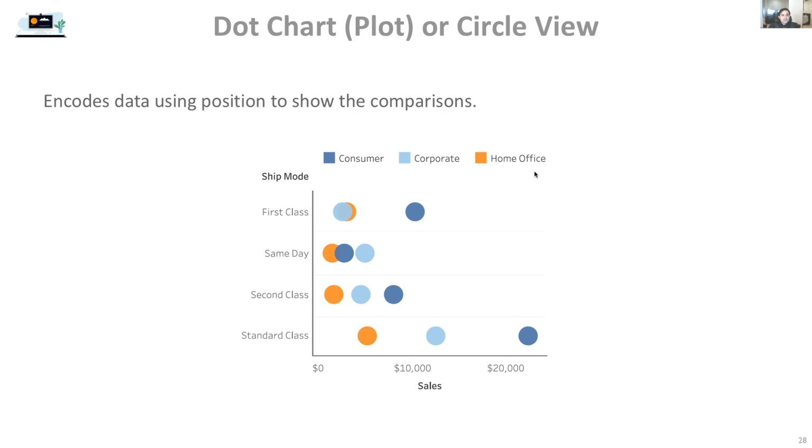We can observe that for the first class shipment mode, the consumer clients generate the highest amount of sale, and for the same day shipment mode, corporate clients produce the highest amount of sales. Similarly, many other observations could be made.